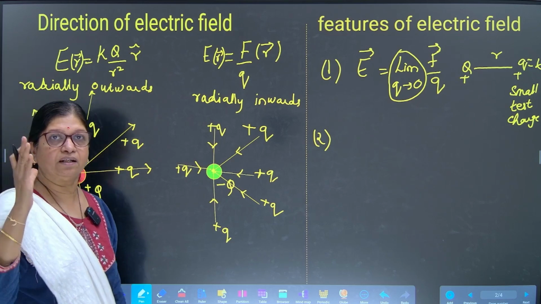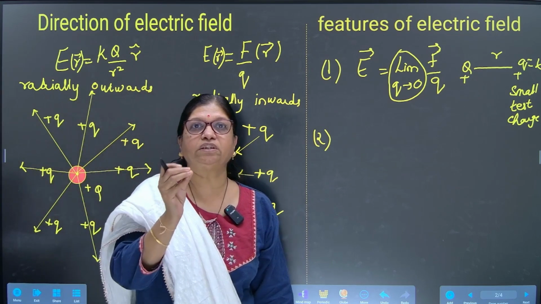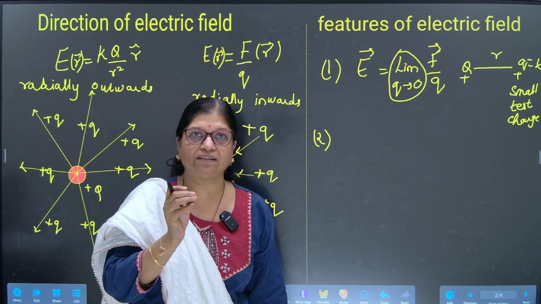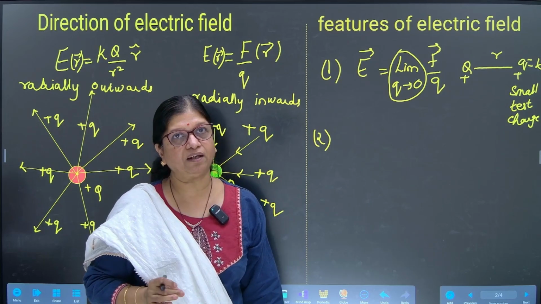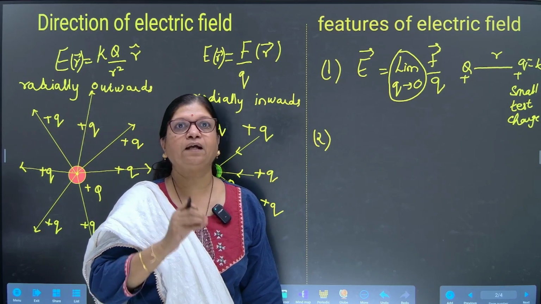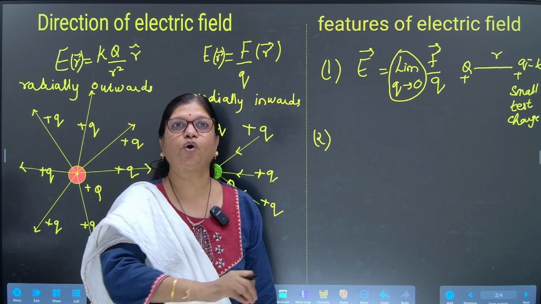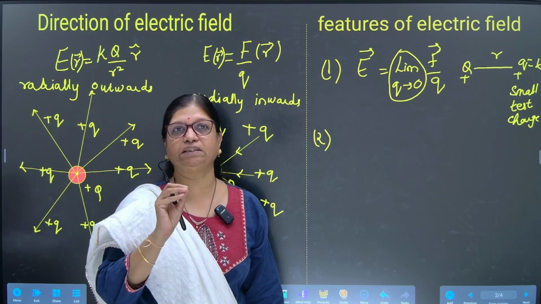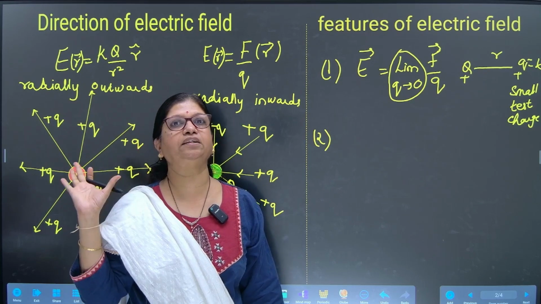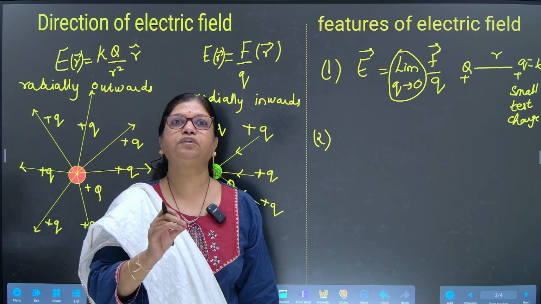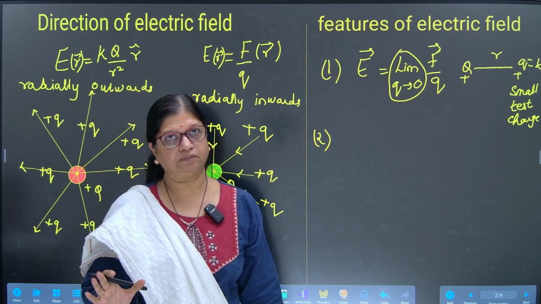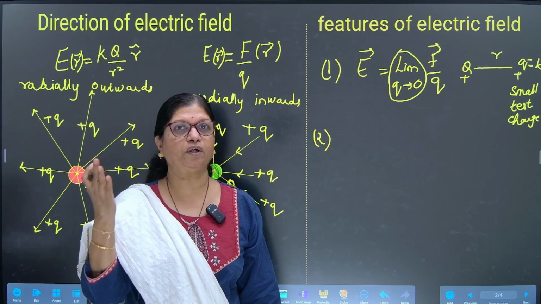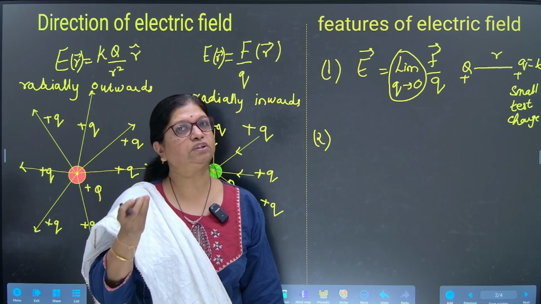That means consider the source charge to be placed at the center of a sphere such that the electric field is available radially outwards on the surface of the sphere if the source charge is positive. Similarly, radially inwards for a negative source charge.